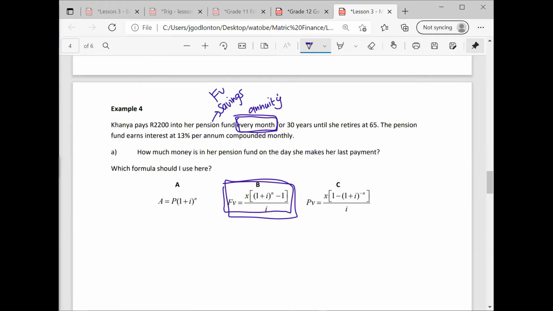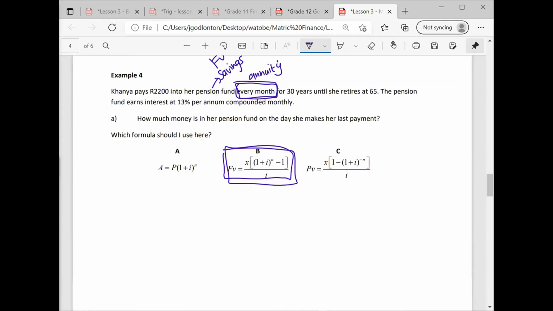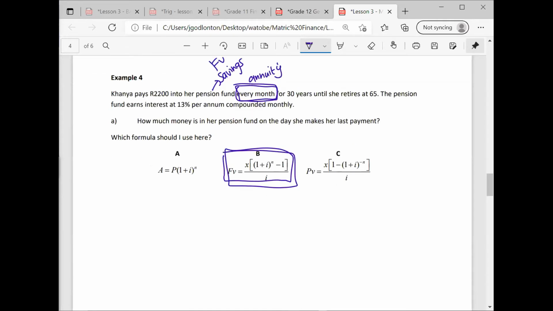It is wonderful. Okay, let's write out this information on the right-hand side for those of you who are still trying to get your head around what's going on. Our interest is 13% compounded monthly. Our N, we have 30 years where we're putting away this money, and there are 12 payments every year because it's been compounded monthly. And so that's going to give us 360.